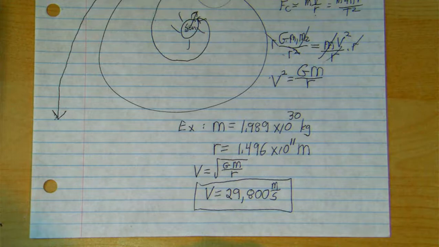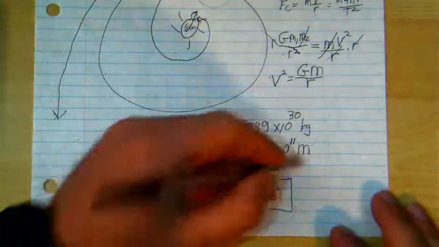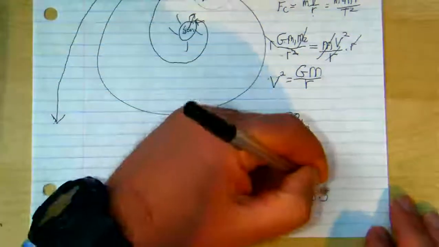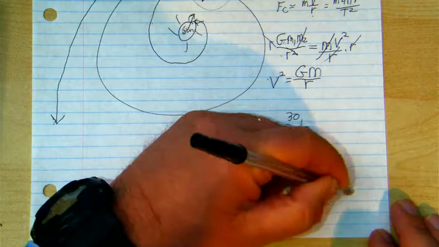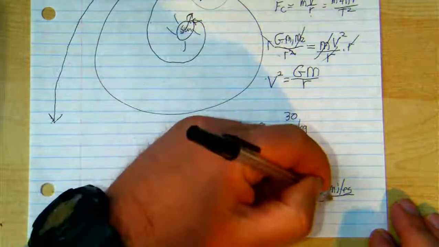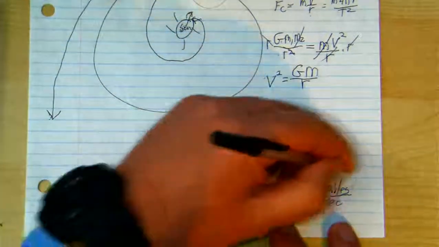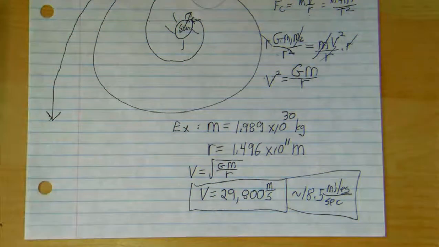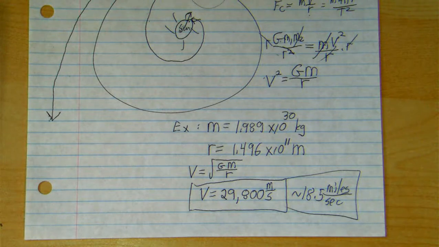If I divide that by 1609 meters per mile, that works out to 18 and a half miles, not per hour, but per second. Every second of time, the entire planet moves close to 20 miles through space. Amazing and true. This concludes today's lecture.